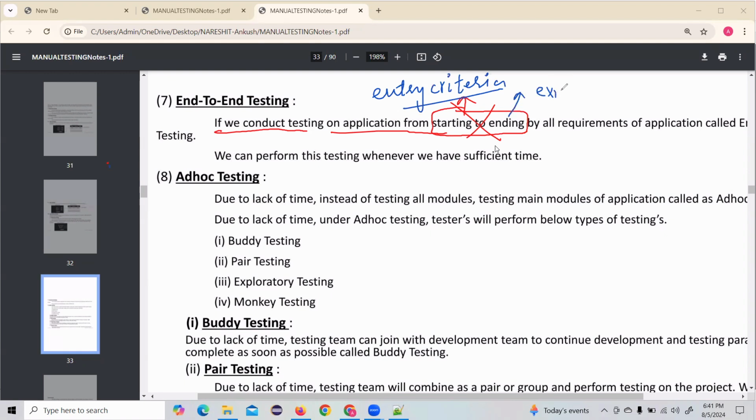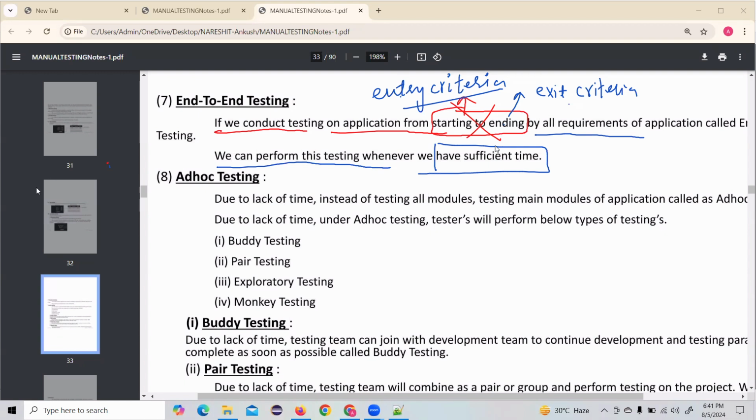Ending means exit criteria. So if we conduct testing from entry to exit criteria covering all requirements of the application, then it is called end-to-end testing.